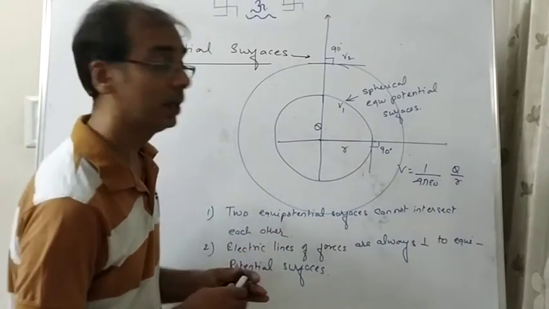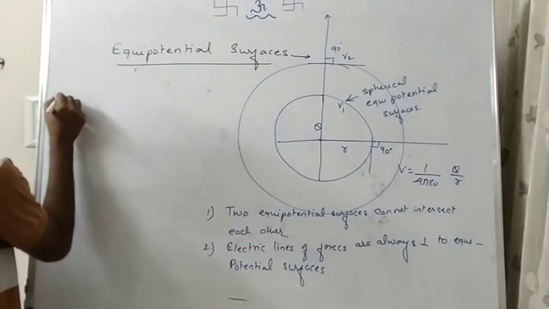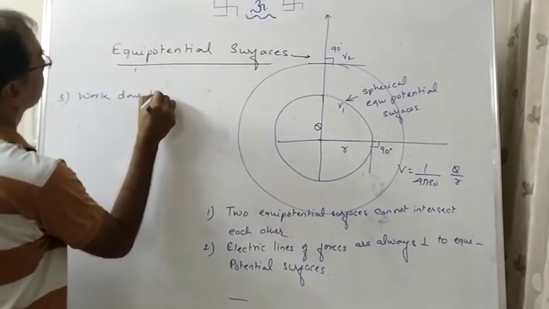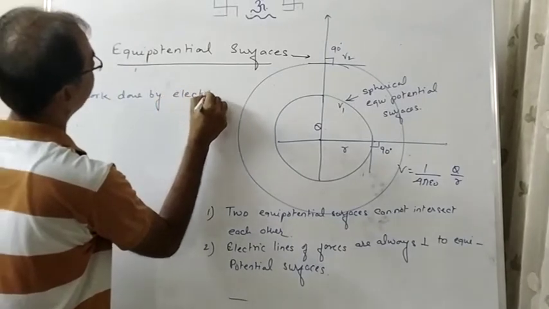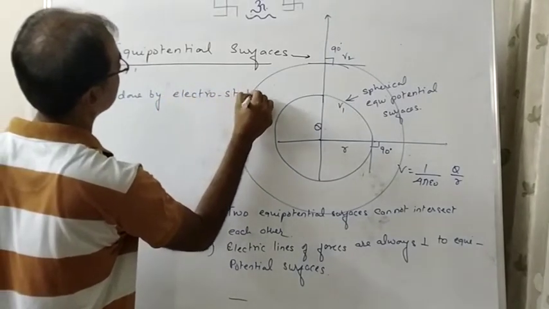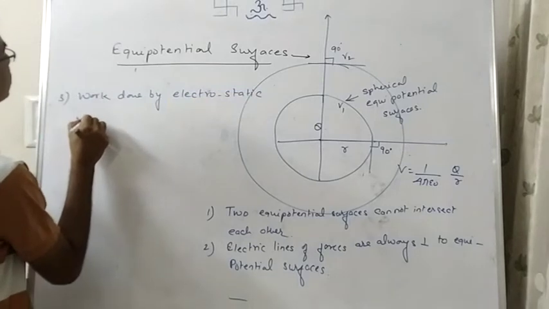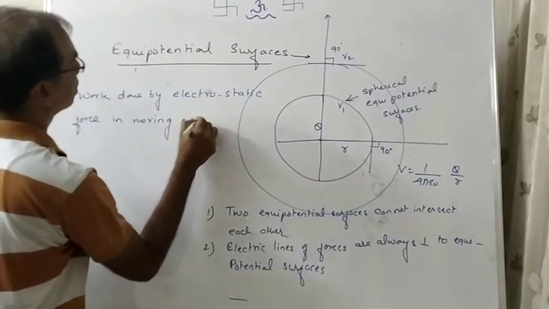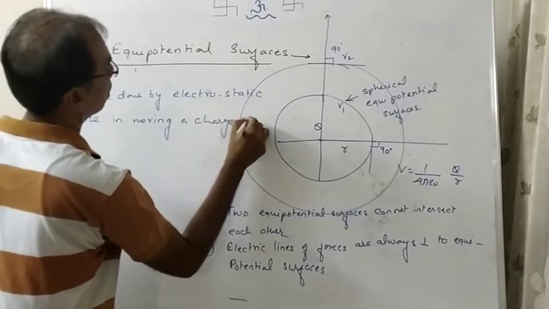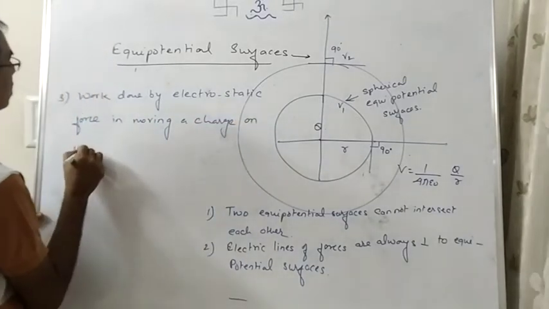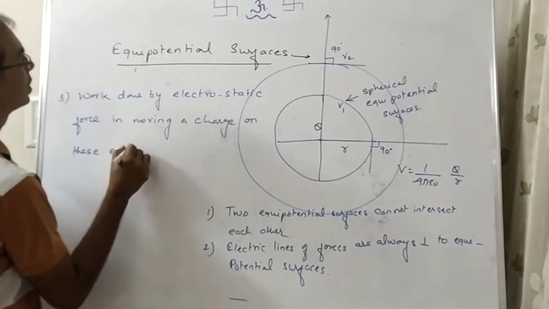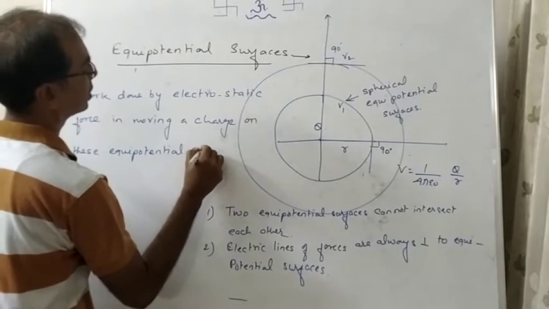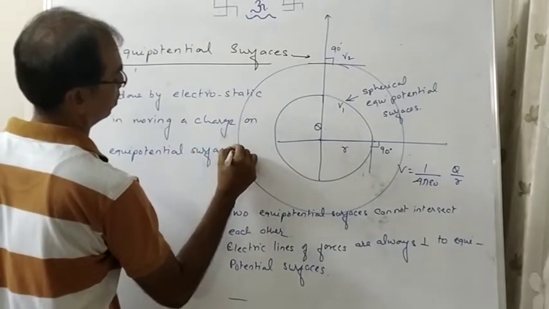So work done by electrostatic force in moving a charge on these equipotential surfaces is 0.